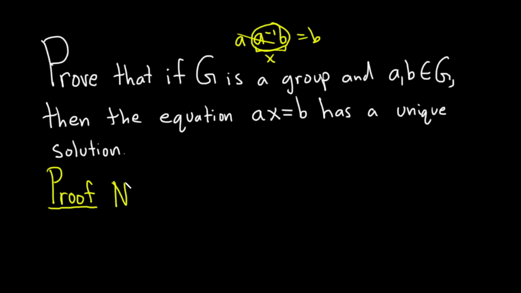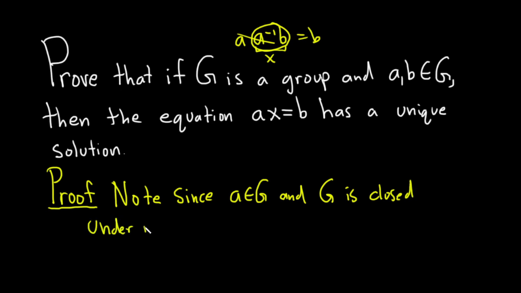So note, since A is in G, and G is a group, it's closed under inverses.